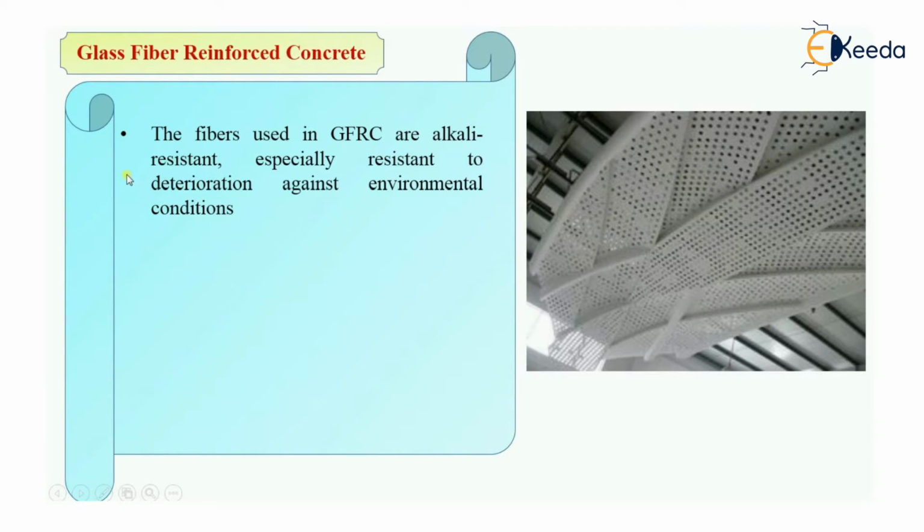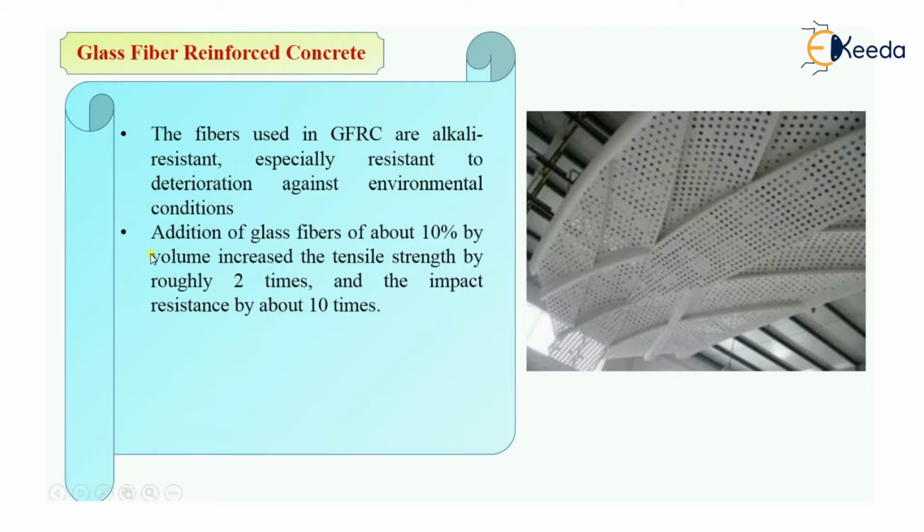Then with just the addition of glass fibers of 10% by volume, they will increase the tensile strength by roughly 2 times, and impact resistance by 10 times. We are adding just 10% glass fibers by volume, and they increase tensile strength by 2 times and impact resistance by 10 times.